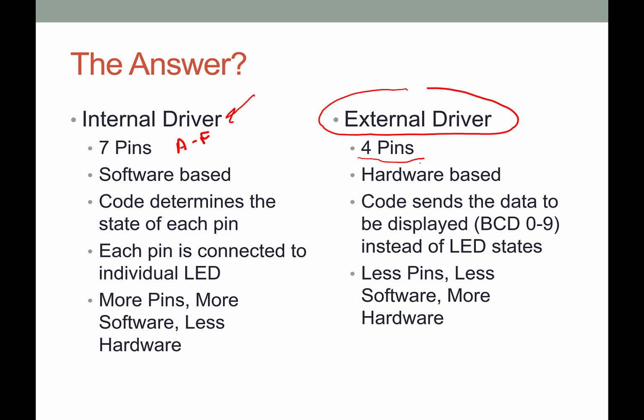And so each code could display the actual data of the binary coded decimal that we're looking at. It's obviously less pins and it's less software, but there has to be more hardware when you do that. So it's sort of like a trade-off, but obviously where this could go is you would expect, because of less pins, that's cheaper.